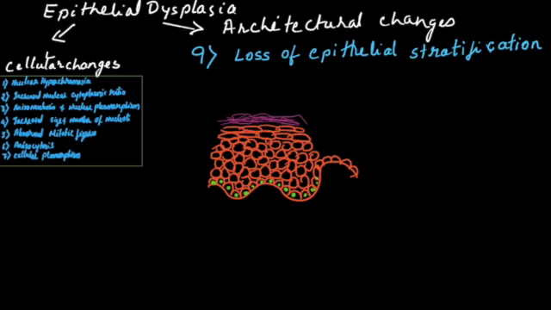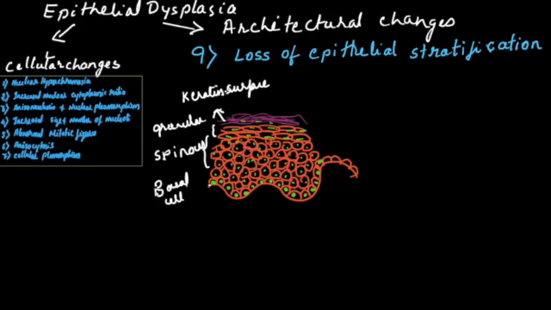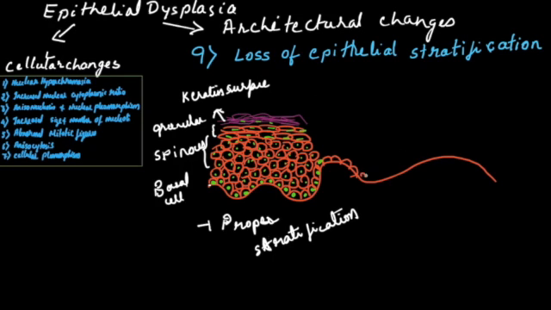Similarly, we have non-keratinized epithelium with stratum basale, stratum intermedium and stratum superficiale, where we don't have any keratin layer. So here it is the basal layer, spinous layer, granulosum and the keratin layer. This is the basics of histology of oral epithelium. So this is with proper stratification, which is very important for the integrity of the epithelium.